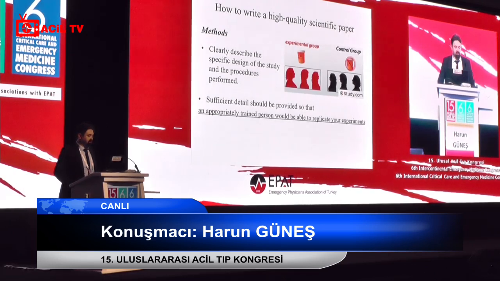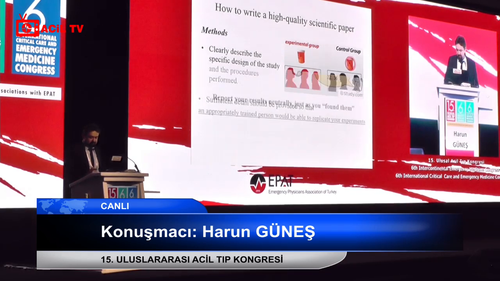In the methods section, we should clearly describe the specific design of the study and the procedures performed. Sufficient detail should be provided so that an appropriately trained person will be able to replicate your experiments.